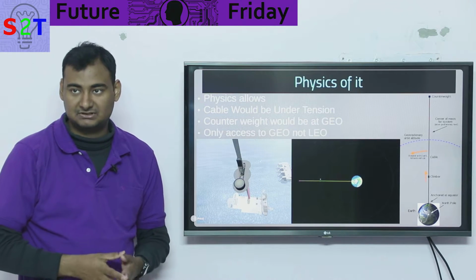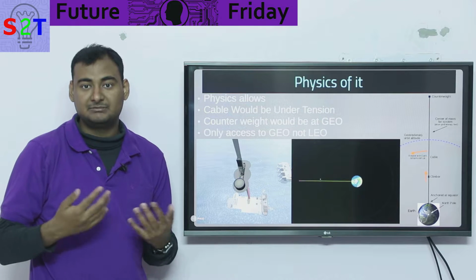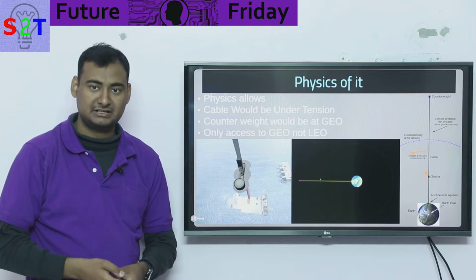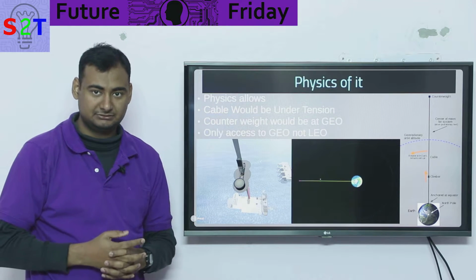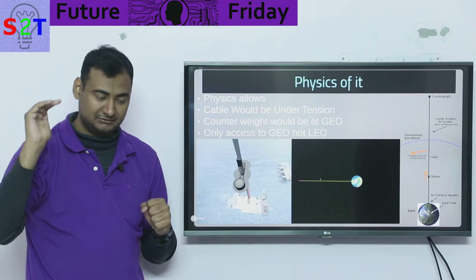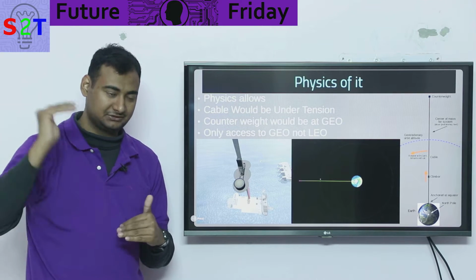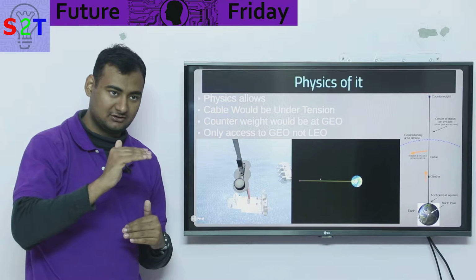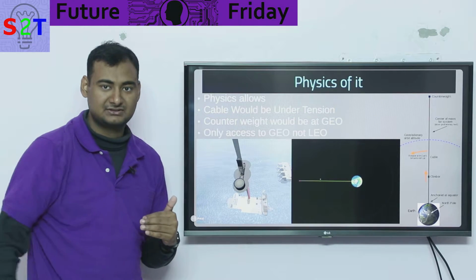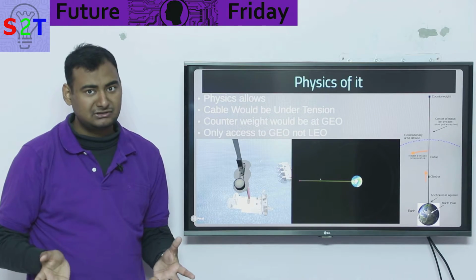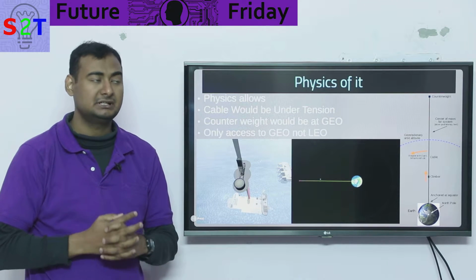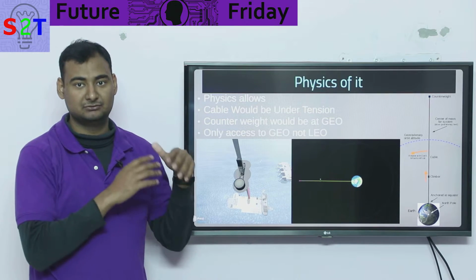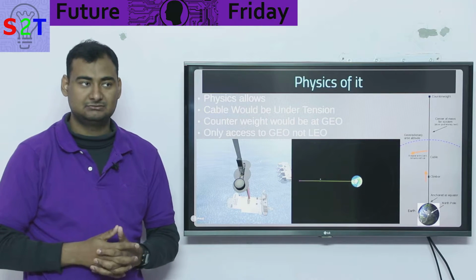Now, would that help us in low Earth orbit? Yes, it will help, simply because we will remove the lower stage of a rocket and simply launch from higher up. So even though you are falling, you can use that falling velocity as a gravitational assist, and then you can just circularize the orbit. You will still need rockets for low Earth orbit, but the rocket cost will go from a few million dollars to a few thousand dollars.